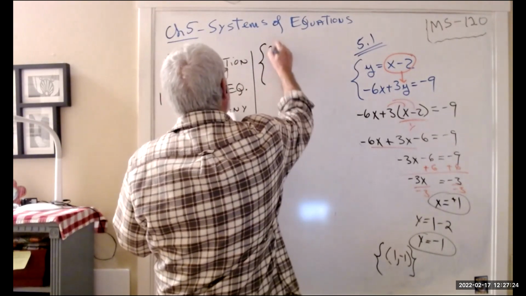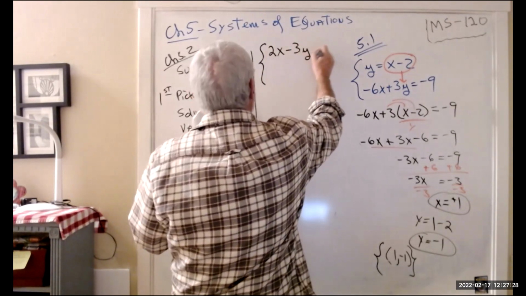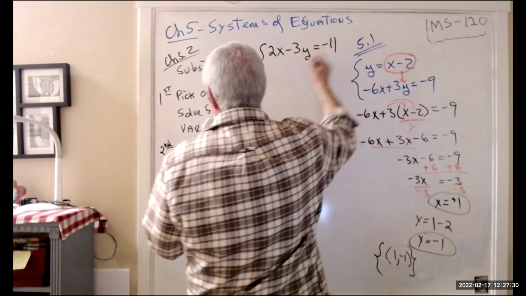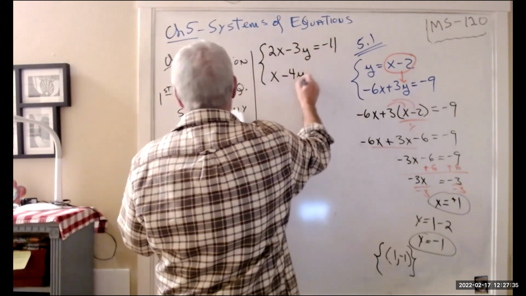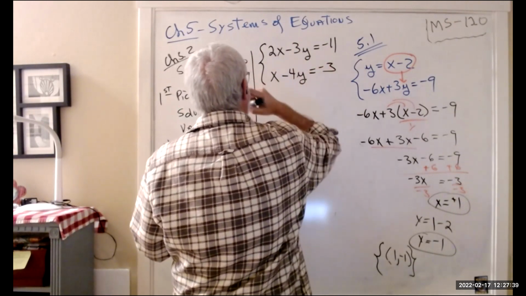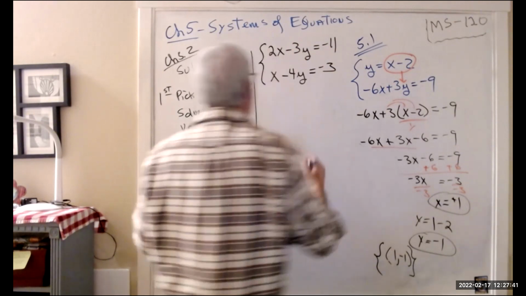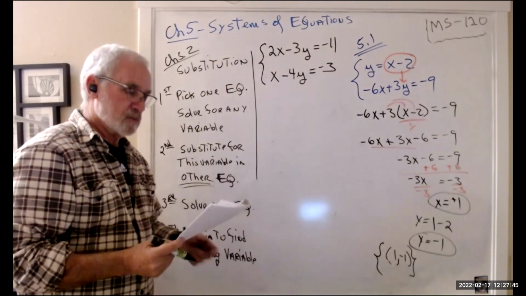System: 2x minus 3y equals -11, and x minus 4y equals -3. So I want you to use substitution to solve this system.